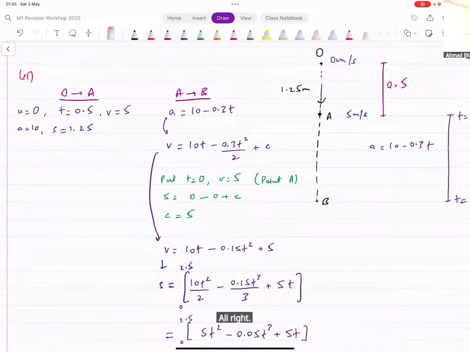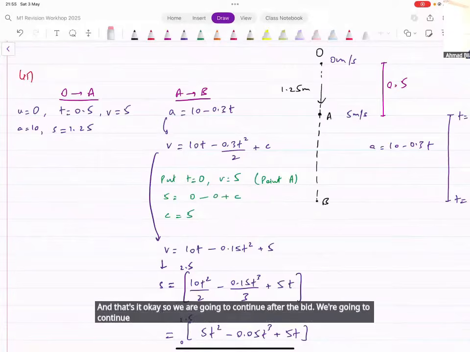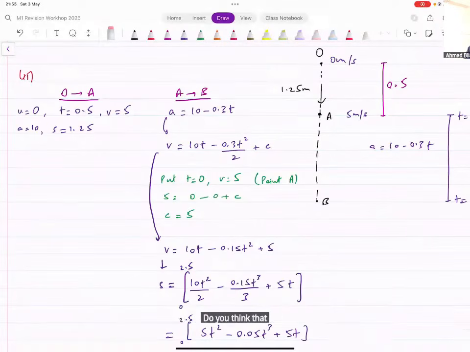So we are going to continue after the break. But if you get too tired, can we do early morning tomorrow? Do you think that will work? Early morning, I'm not saying after Fajr. I mean, before noon. Do you think that might help in case it's becoming difficult to digest now? AS English and EM.